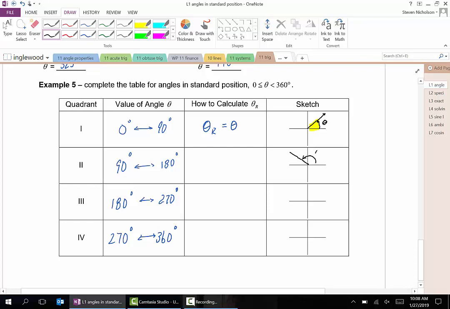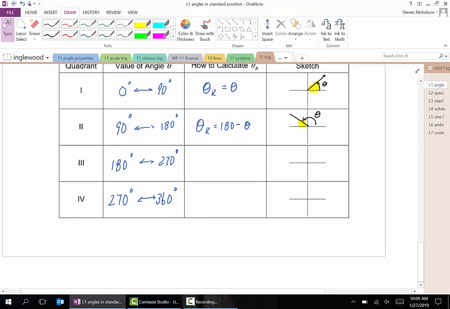Well, here's theta, and here's theta r. And we've done a couple of calculations, but a nice way to figure out the highlighted angle is simply 180 minus whatever our standard position angle is. What about when our angle is in the third quadrant?